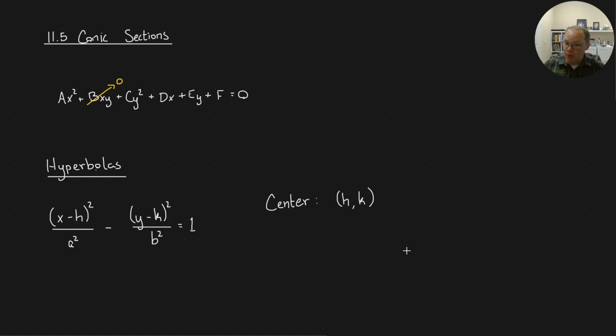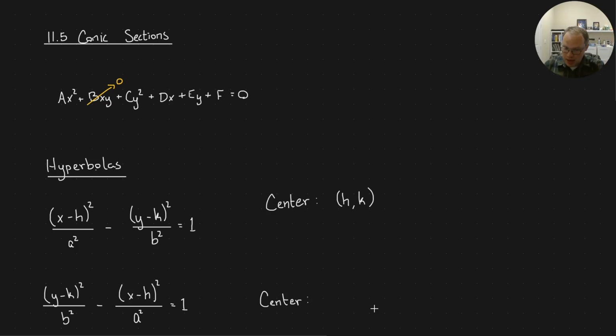Okay, now remember, hyperbolas, like parabolas, they can open different directions. This one, because the x is positive, the hyperbola will open left and right along the x-axis. But if we swap it so that the y is the positive and the x is the negative, now it opens in the y direction, right?